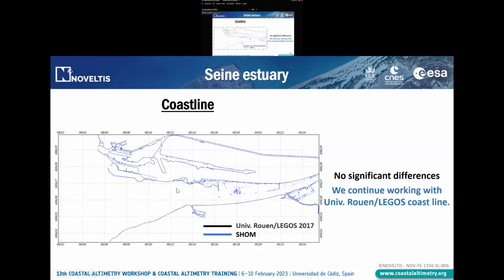The latest coastline of SHOM I show in blue, and in black you can see the coastline developed by LEGOS in 2017. As with the bathymetry, in the several tests we made in this region we didn't find any significant difference, so we kept the coastline developed by LEGOS.